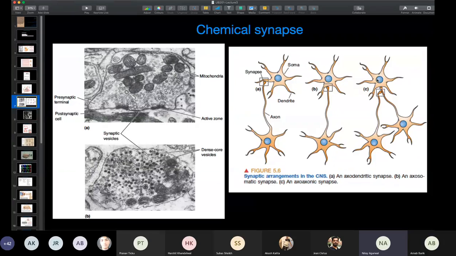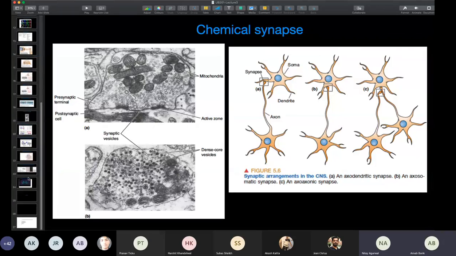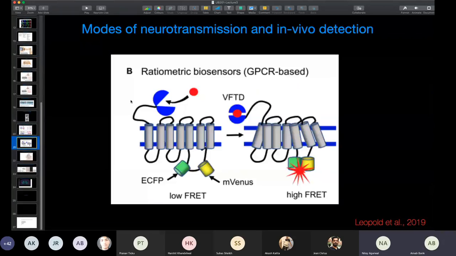And one more, in slide 21, what is VFPD? Oh, I have to check. It's something about the ligand that was binding here. I can look it up, but it has nothing to do with the conceptual thing itself.